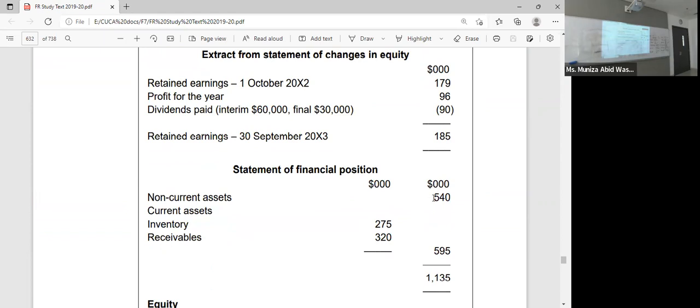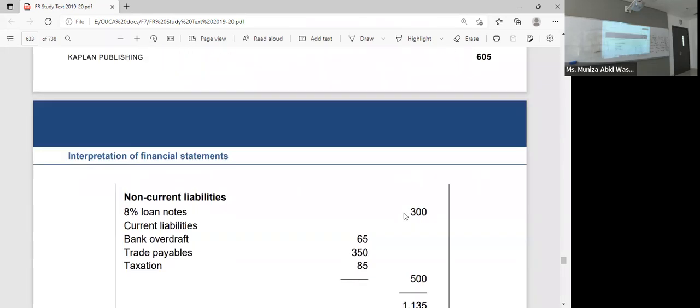Quick ratio is current assets 540 minus inventory 275. 540 minus 275 is 265, divided by current liabilities.